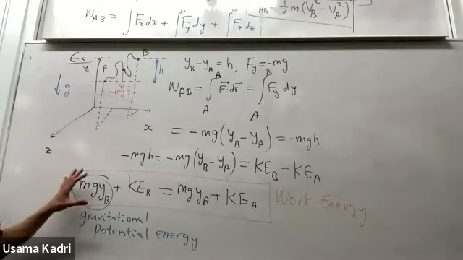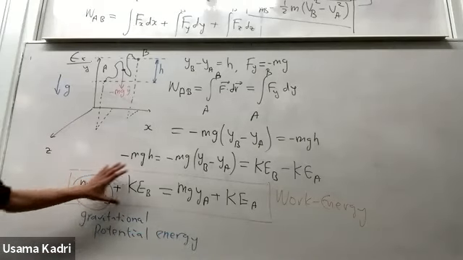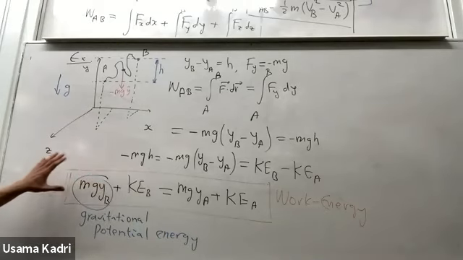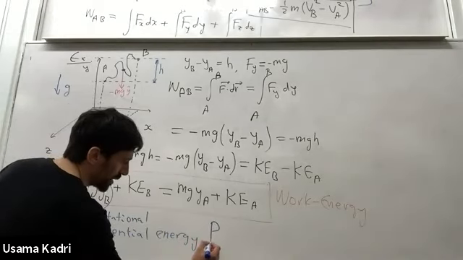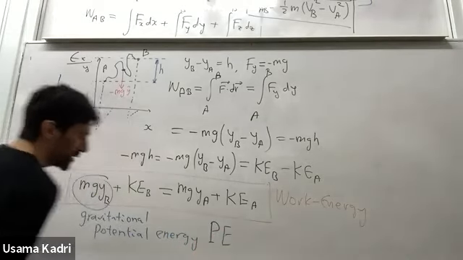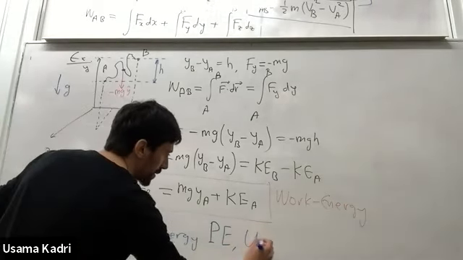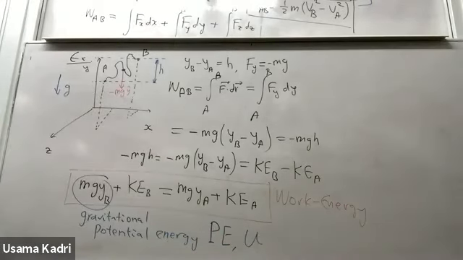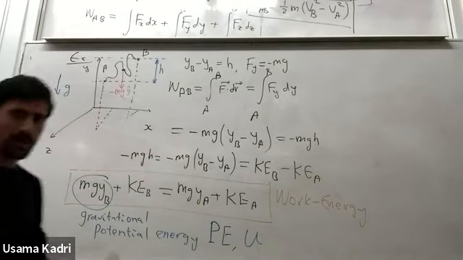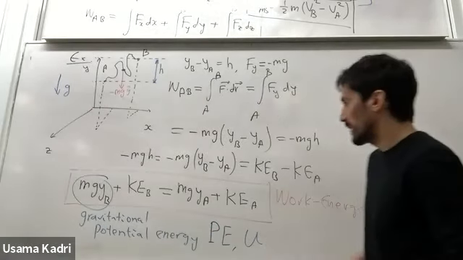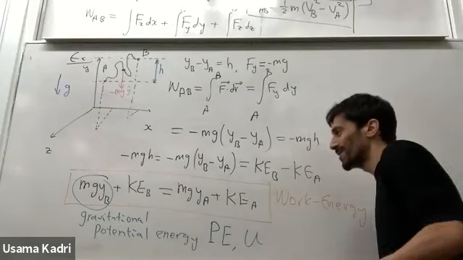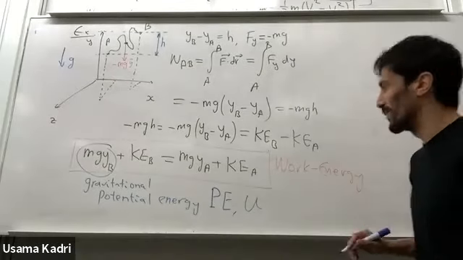So basically what we have here is two things, gravitational potential energy and kinetic energy. Now, sometimes people write that as PE for potential energy, and sometimes they write U for potential energy. So again, don't let that confuse you. I'm going to write U just to make sure that won't confuse you.